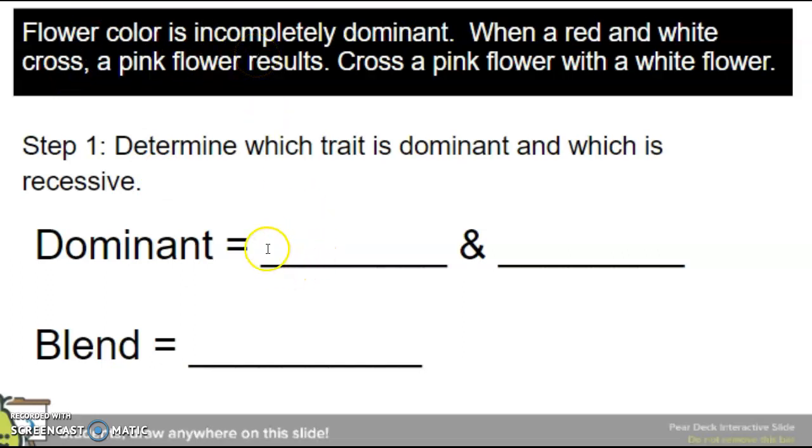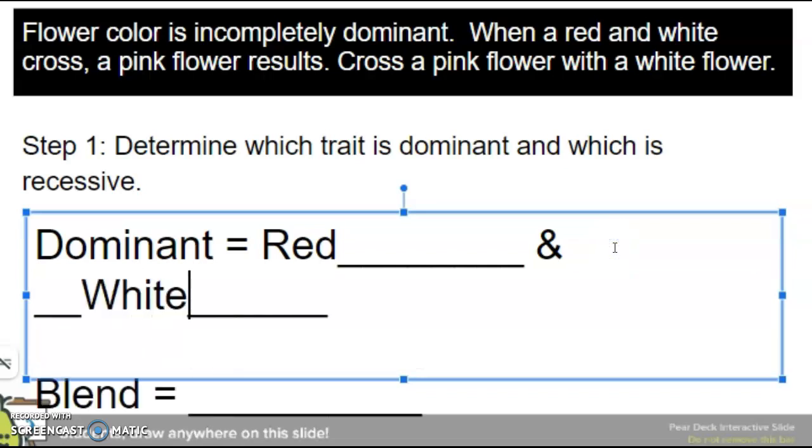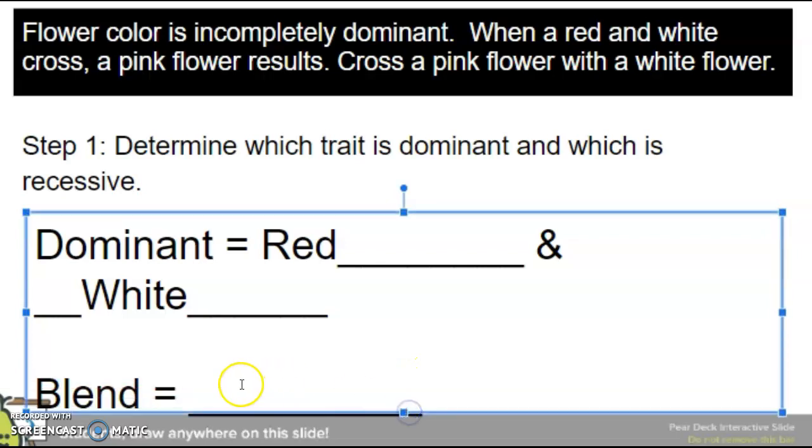So in this case, neither trait is dominant over the other, so we're just going to say they're both dominant. So we've got red and we've got white for dominant, and they blend to make pink.